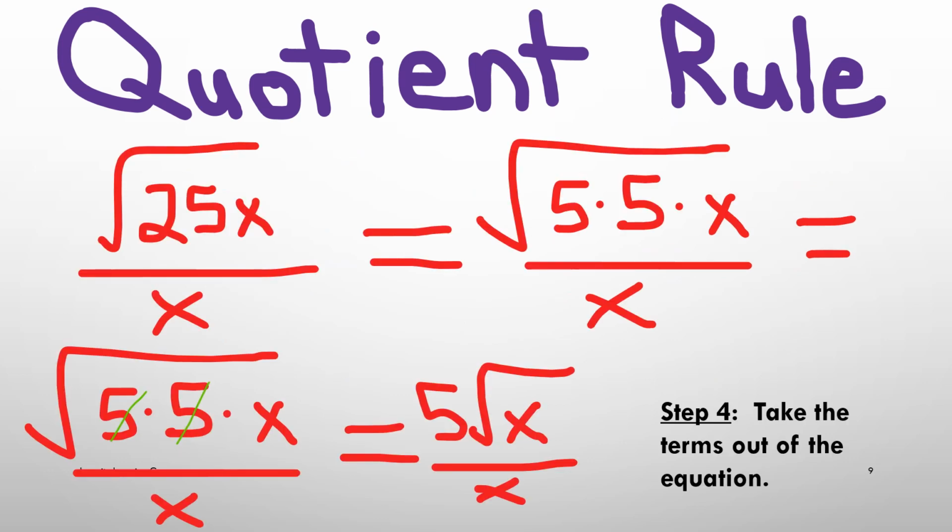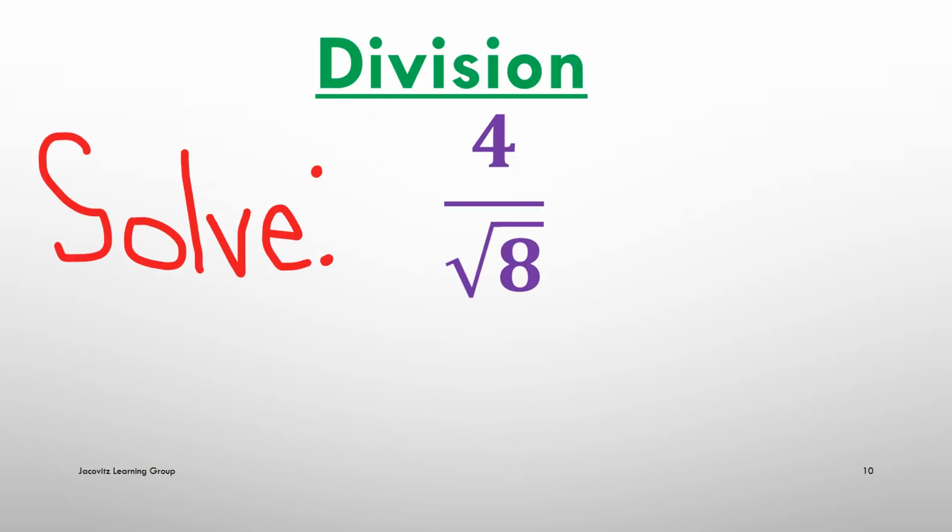Now you can take things out of the radical sign, but here's the situation. This x over here is by itself, and if you look at the math, this 25 is this 5 times 5. So they come out and it becomes 5 times the square root of x. The x has to stay because it doesn't have a matching partner. And then it's under the square root of x. So that was right. Okay, you can rewind it.